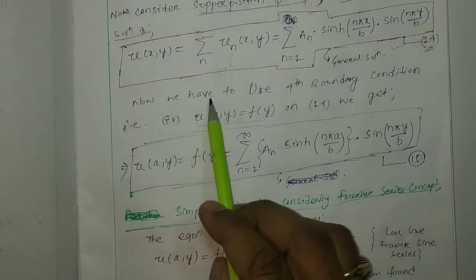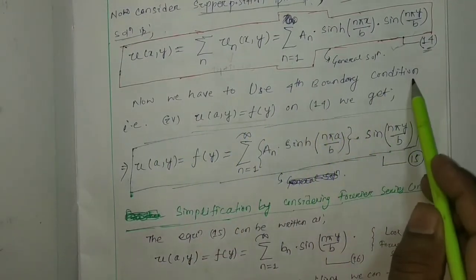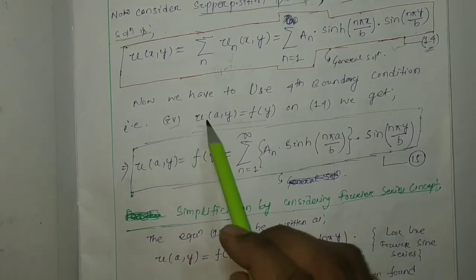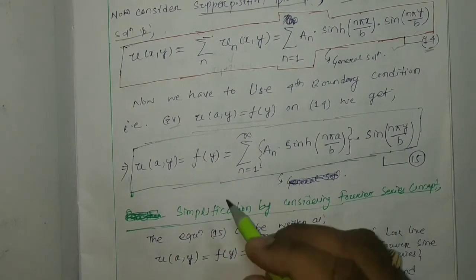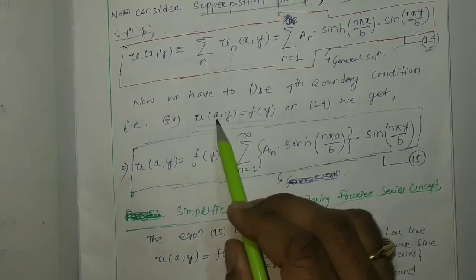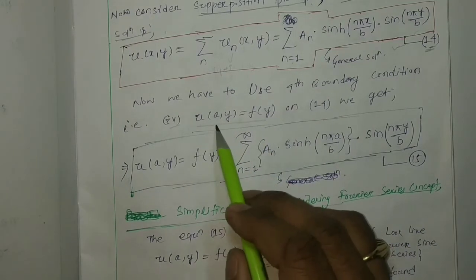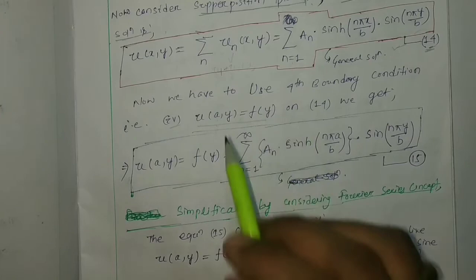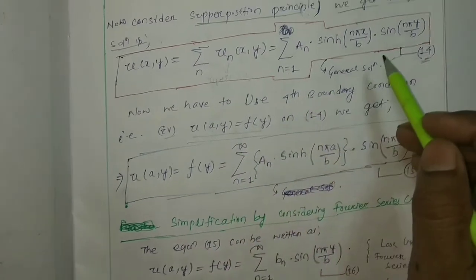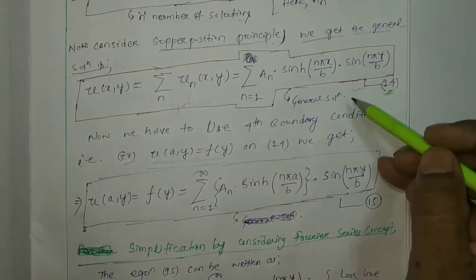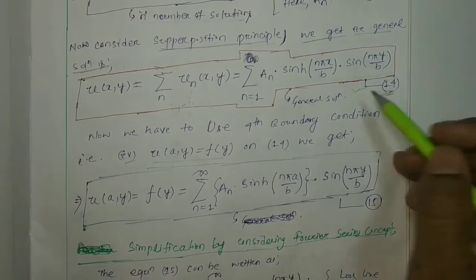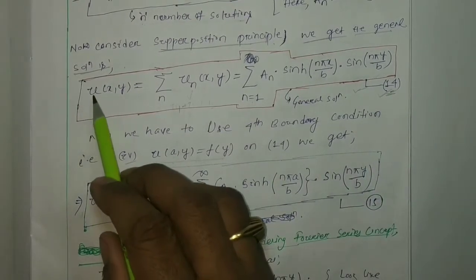Now we have to use the fourth boundary condition, that is IV, u(a,y) equal to f(y). That means instead of x we have to put a, sorry. Where do we have to put it? In the latest solution, which is nothing but your 14.